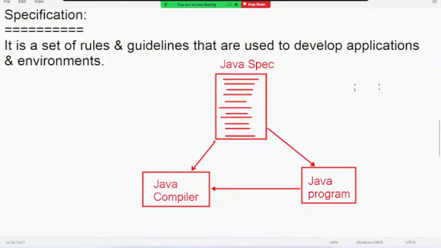Whatever Sun Microsystem said, the Java compiler will follow. That is developed by Sun Microsystem only. Whatever Sun Microsystem said, a Java programmer also should follow. Not only the Java compiler, you must follow. If you don't want to follow, it is not possible. That software is already developed. Every statement must be terminated with a semicolon.